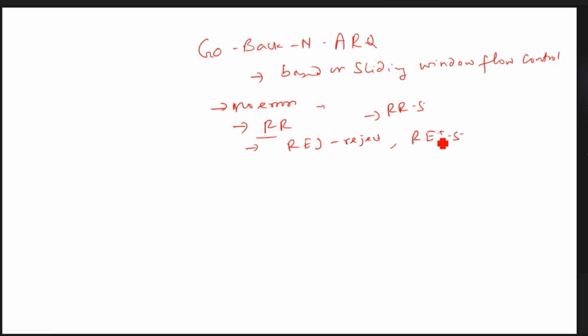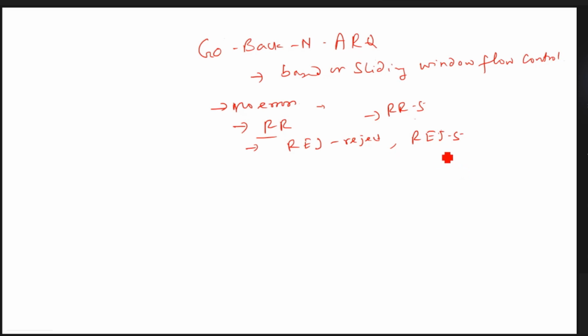And in fact, by the time REJ5 reaches the source station, other frames will also have been transmitted, because it is based on sliding window flow control. That is the reason you get a cumulative acknowledgement. It's a cumulative acknowledgement, not that each frame is acknowledged; maybe 4 at a time, maybe 2 at a time. So after several frames, an acknowledgement may be received.